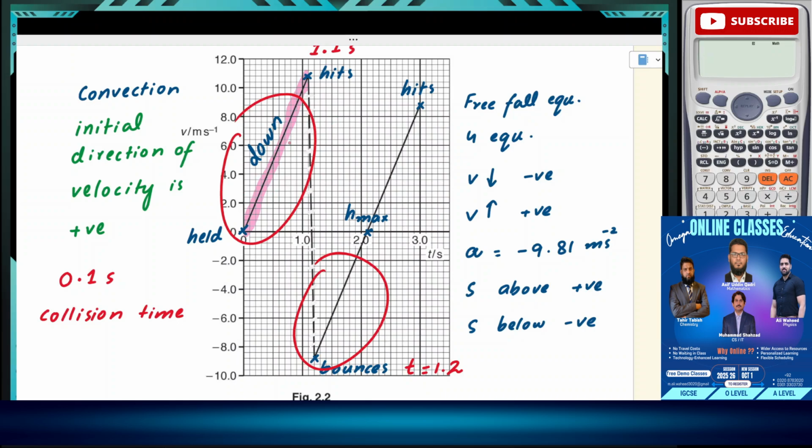The upper one is acceleration because velocity starts from 0 all the way to 10 point something. It increases. Why do we call the lower one deceleration? Because the velocity starts from minus 8 point something, keeps decreasing all the way to 0. That's why we call it deceleration.